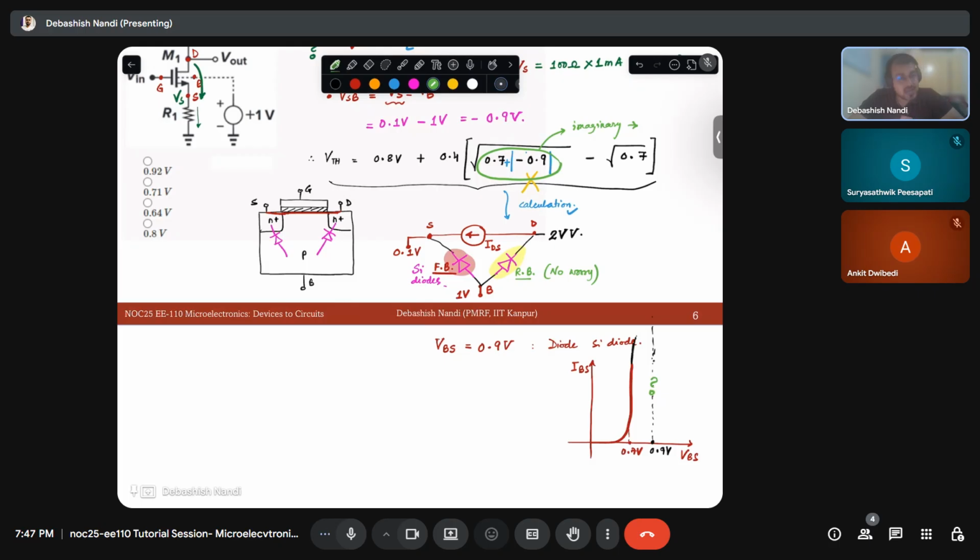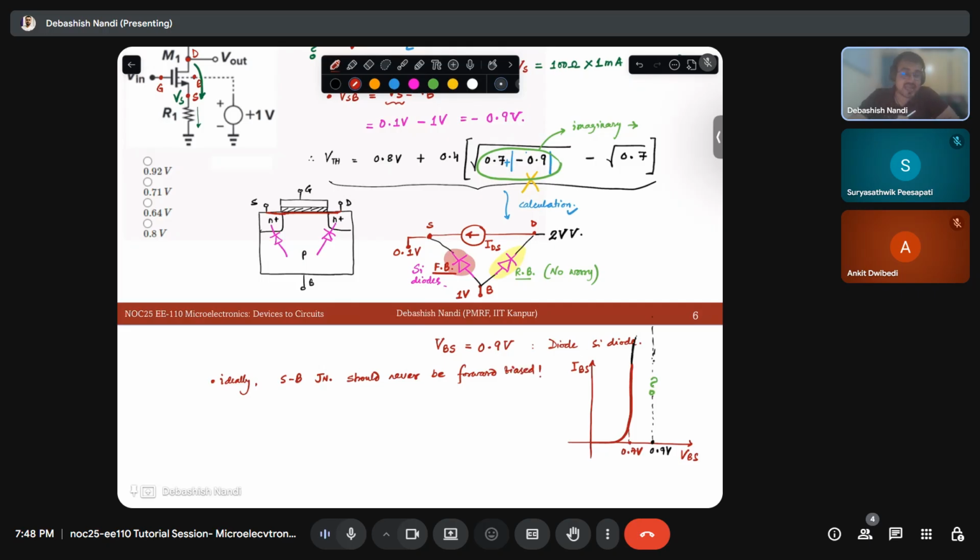So where should I bias this, how far? Basically, ideally speaking, your source to body junction should never be forward biased.